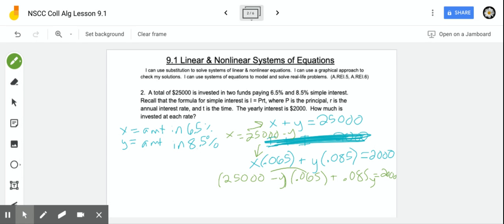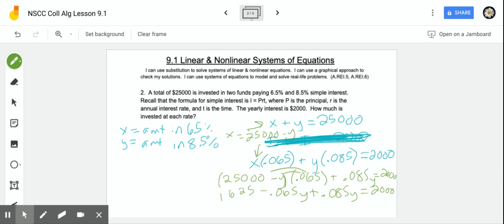All right, I'm going to distribute here, and I don't know what $25,000 times 0.065 is. Okay, it is 1625 minus 0.065y plus 0.085y equals 2,000.